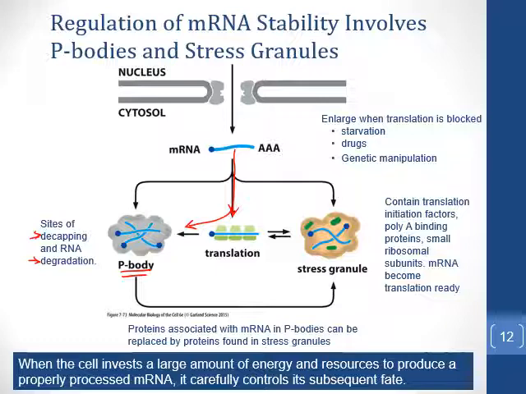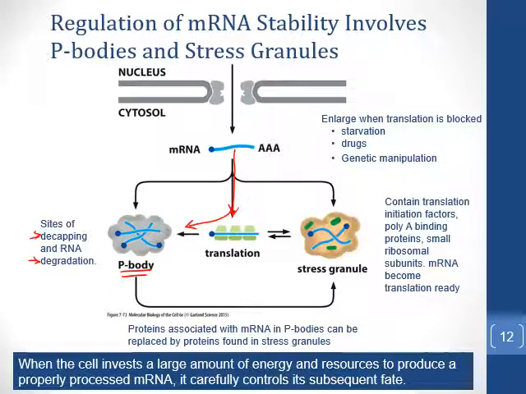But there are also these things in cells called stress granules, and stress granules are really interesting. Whenever translation of mRNA in a cell is blocked, for whatever reason, it could be that the cell is starved, and those starvation conditions send a signal to the cell that it needs to be kind of quiescent because it doesn't have enough resources.